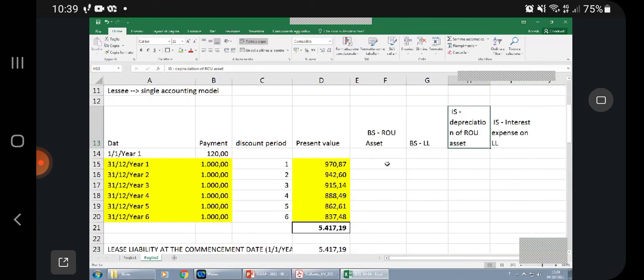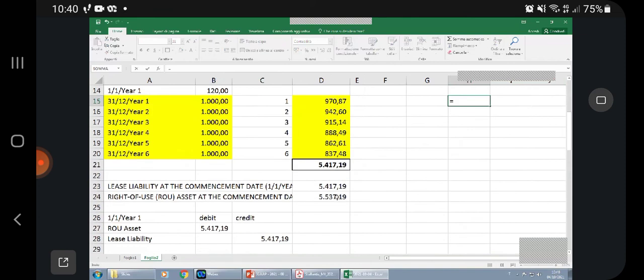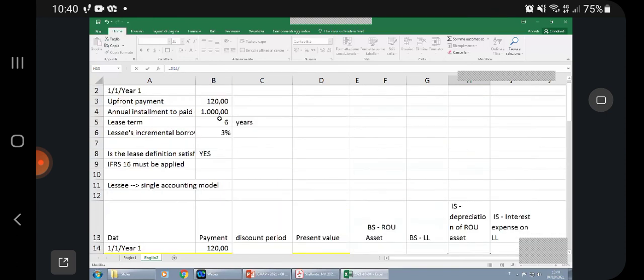And the right of use asset, we can start from the depreciation. We know that the depreciation is the amount of the right of use asset divided by 6 years, in this very particular and easy case. Okay?